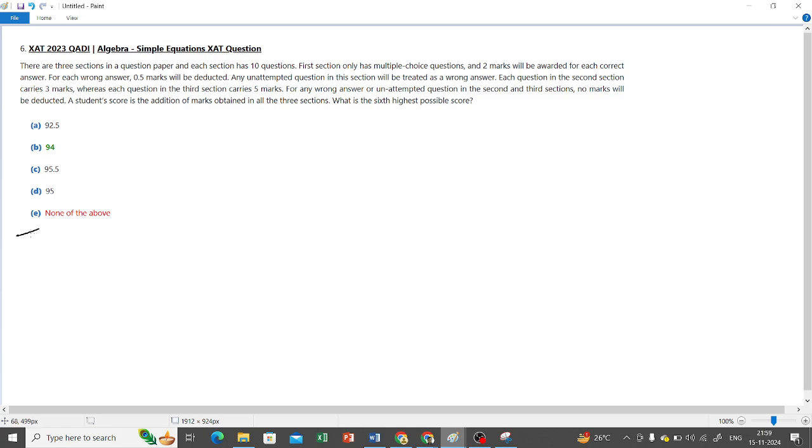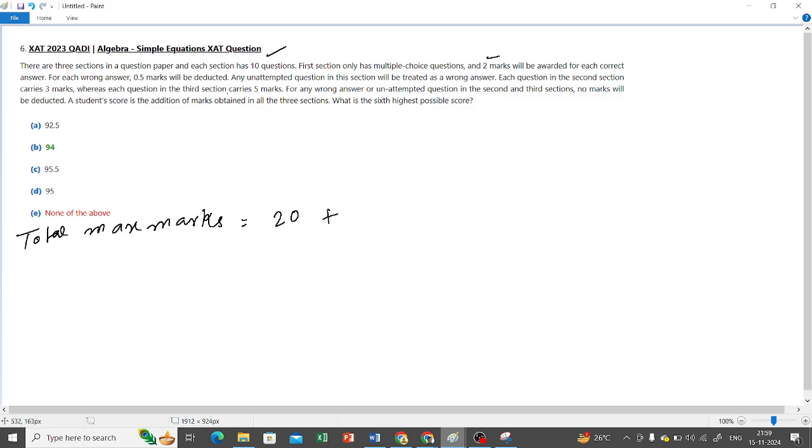See, what is the total maximum marks that a student can get? 10 questions from section A, each carries 2 marks, so 20.